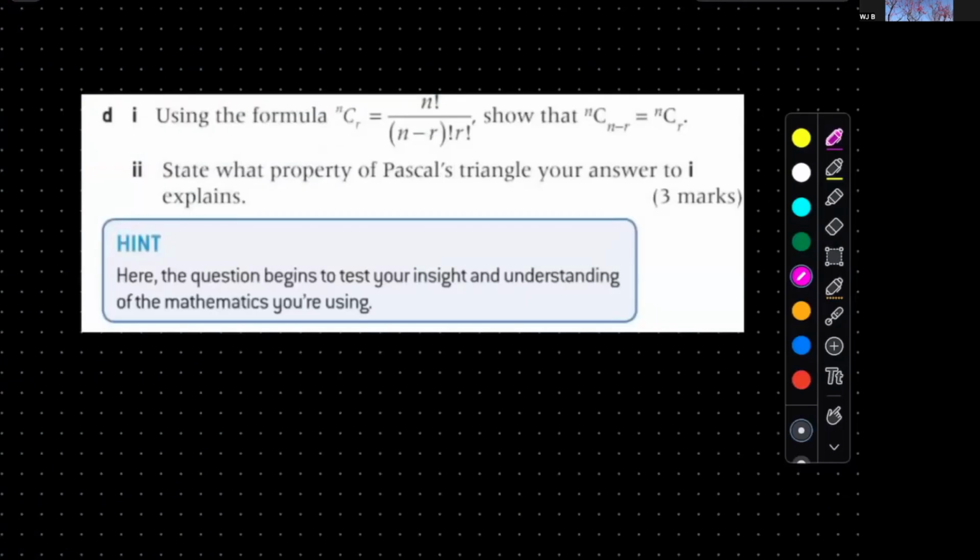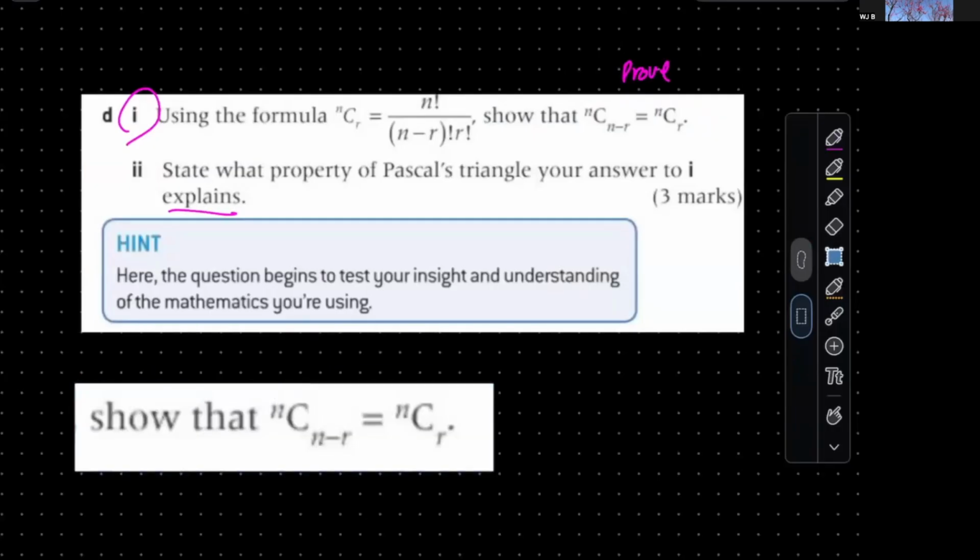Okay, so what they are asking: state what property of Pascal's triangle you use to answer part I, and explain. So for D1, they just simply ask you to prove it, and what you can do is prove it using the left hand side and then the right hand side, right? So we have a left hand side identity as well as the right hand side identity.